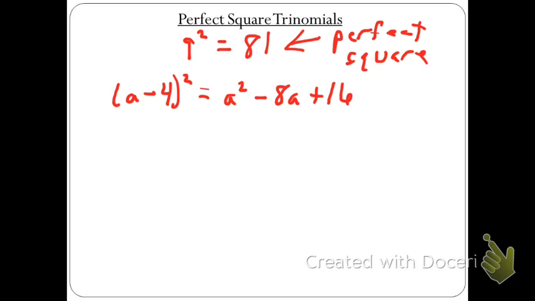You can FOIL to check that if you like, but that is a correct square of a minus 4. And that means then that a squared minus 8a plus 16 is a perfect square trinomial because it was a result of squaring a binomial. Okay, so a perfect square trinomial is a result of squaring a binomial.